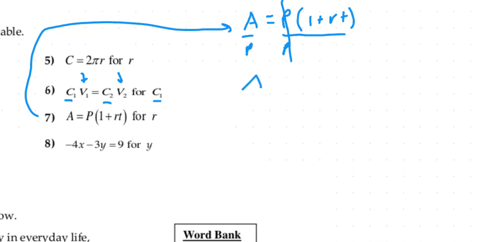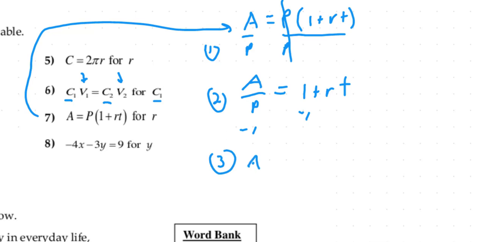So I'm left with A over P equals 1 plus RT, right? So kind of number this. And then next, I guess I could subtract 1 from both sides to get A over P minus 1 equals RT. Let's make my P a little better. It's not that much better.